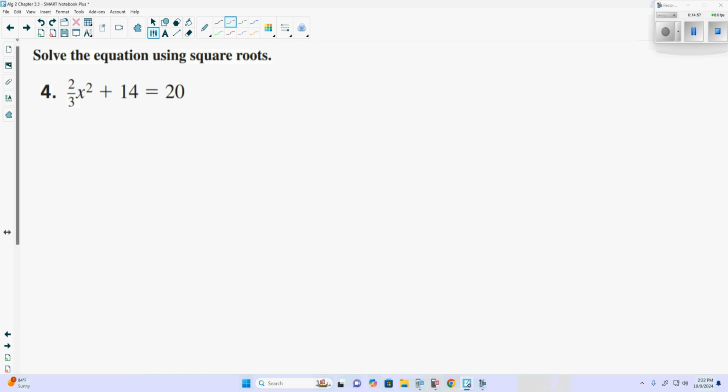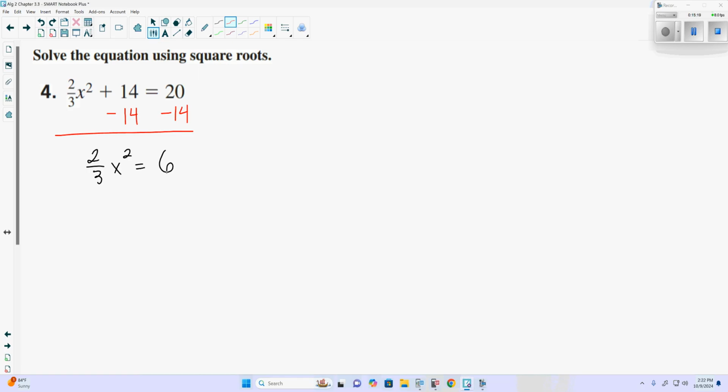So again, the first thing we need to do is get our squared term by itself. So the first thing we can do for this here is subtract 14 from both sides. If we subtract 14 from both sides, we get that 2/3 x squared is equal to 6.